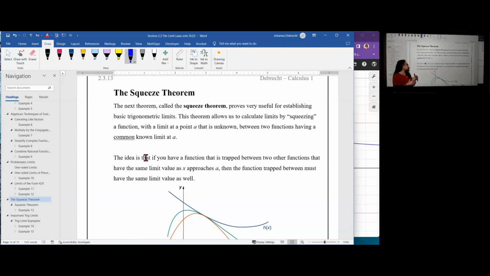The idea is if you have a function that is trapped between 2 other functions as it approaches 1 value, then the function that's trapped between the other 2 has to do what the outer 2 do. That's the rule.